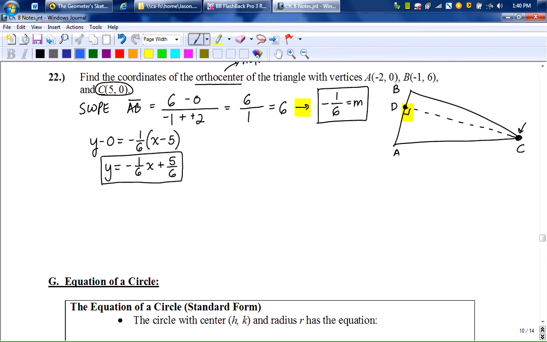Then I'm going to do this same thing for side AC and point B. And I'll do this in blue. So I'm going to find the slope of side AC.